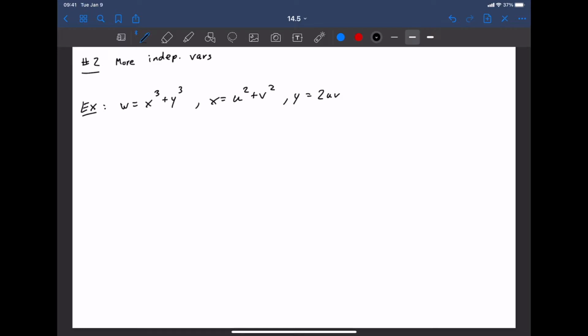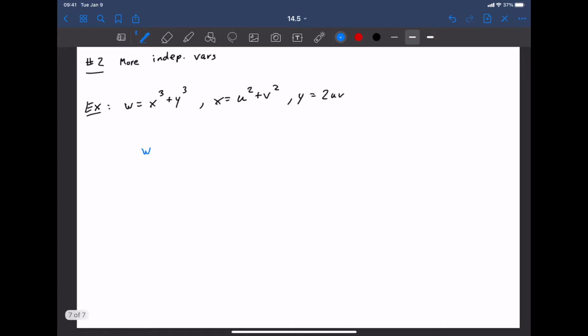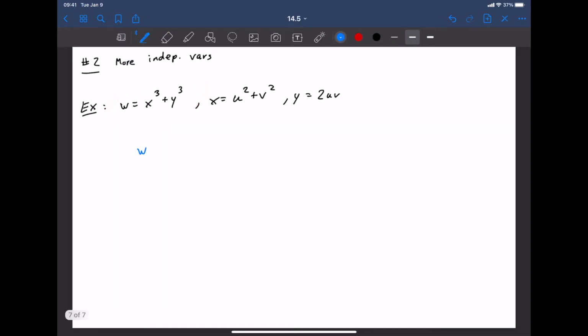Now, if I wanted to make a tree diagram, I'd have to consider how many different independent variables there are, because we're going to go down another layer. Or, sorry, not down another layer, but more branching. So w is still the root. If we look at the w equation, we just have x's and y's.